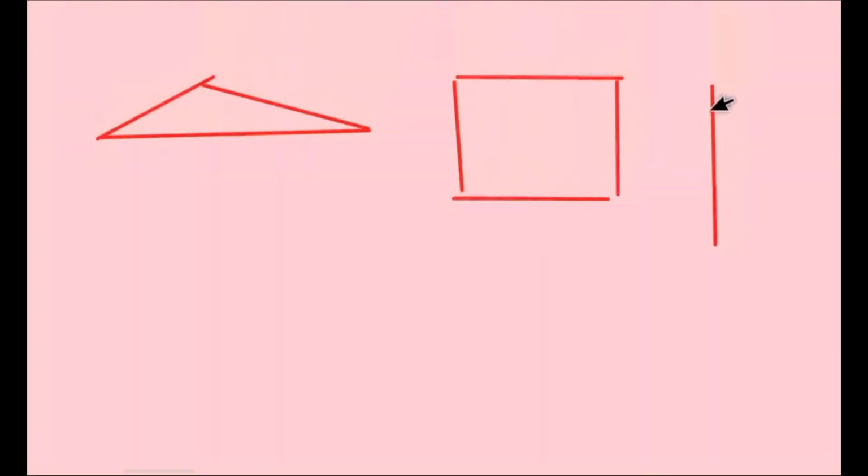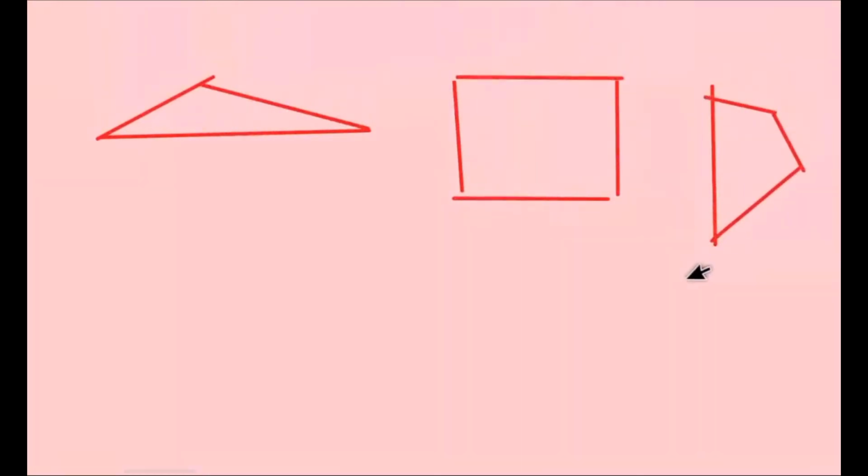Okay, and if we draw this way, this way, this way, this shape is known as a quad. This is the quad. In this way you can find so many types of quad.